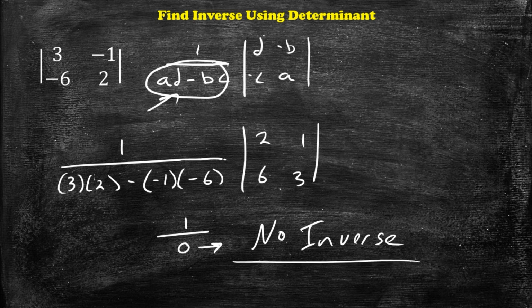So that's how you determine if a 2 by 2 matrix will have an inverse or not. In the Gauss-Jordan method, your math is simply just not going to work out. You're never going to get the identity matrix on the left-hand side, which is where you want it. Whenever you're finding determinants or using the determinant method, if your determinant is equal to 0, there's not going to be an inverse. So this example is complete.